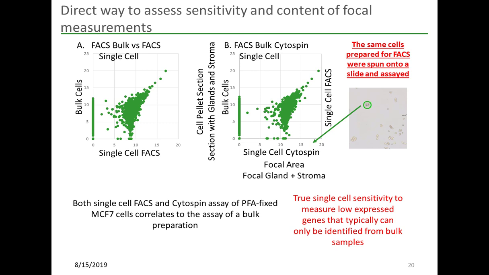So this is a test that you can do with any method out there to ask what is its performance, and am I limited to only looking at moderate to high expressed genes, or can I measure every gene that's measurable from bulk? This happened to be MCF7 cells, and it shows true single cell sensitivity.